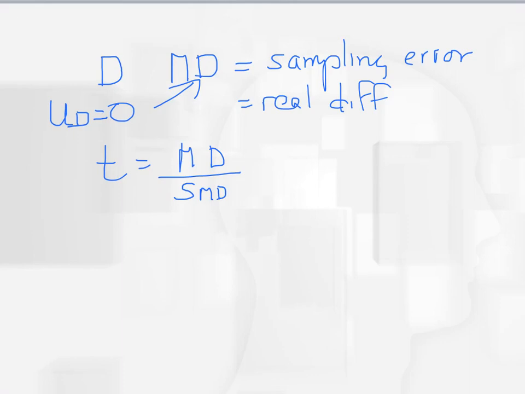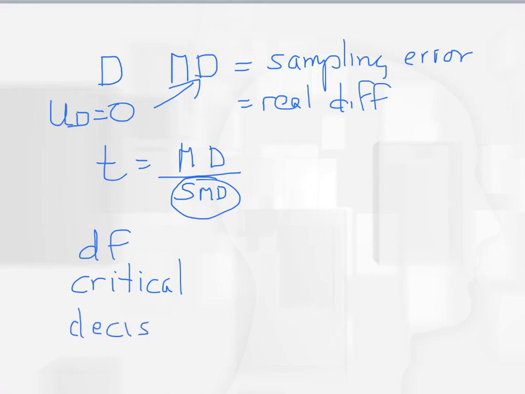We divide that by the square root of the sample size, which was 5, to get the standard error of the mean difference. And we have degrees of freedom. We have a critical t-value that we must exceed in order to reject the null. And then we make a decision based on the t-statistic that we computed.